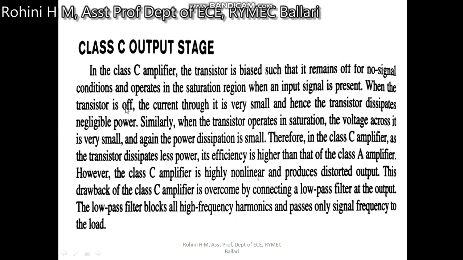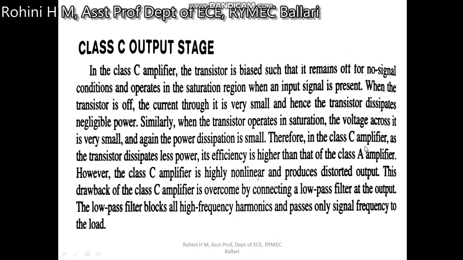When the transistor is off, the current through it is very small and hence the transistor dissipates negligible power. When no signal is applied, it will remain off. There is also a small substrate current flowing, so negligible power is dissipated. Similarly, when the transistor operates in saturation, the voltage across it is very small, and again the power dissipation is also small.